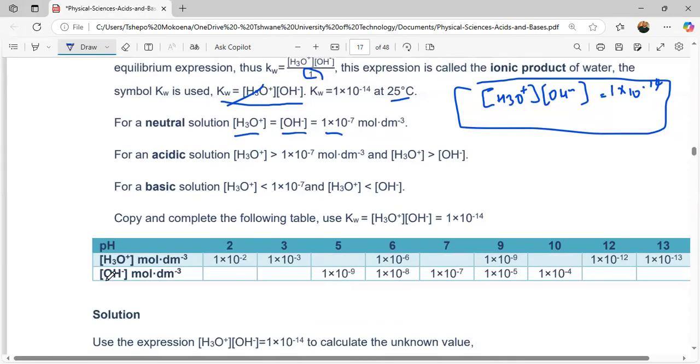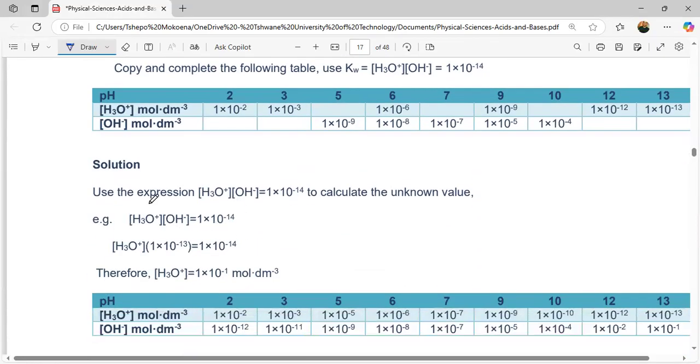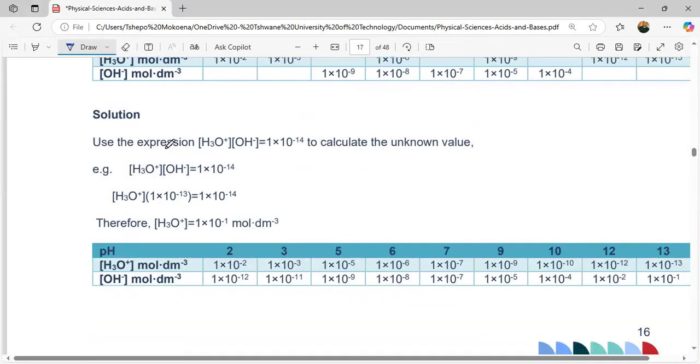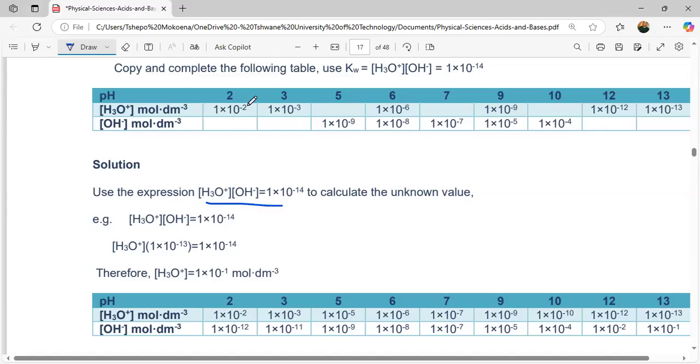Let me see here if there is something important. There's nothing interesting here. So now, let's have a look at this. Use the expression to calculate the unknown value. Where is the unknown value? How do we calculate the OH minus ion for number 2?